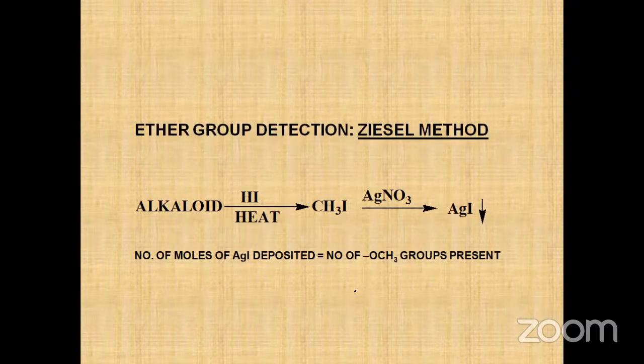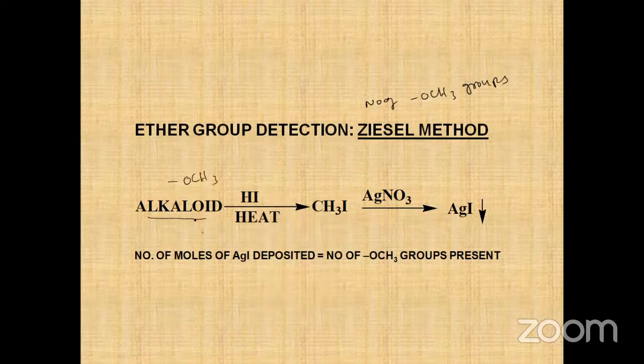Then take the Zeisel method, a specialized method for estimating the number of OCH3 groups present in an alkaloid. Here, the alkaloid, a natural product, is heated with hydrogen iodide. Whatever OCH3 is present reacts with HI, leading to formation of methyl iodide.